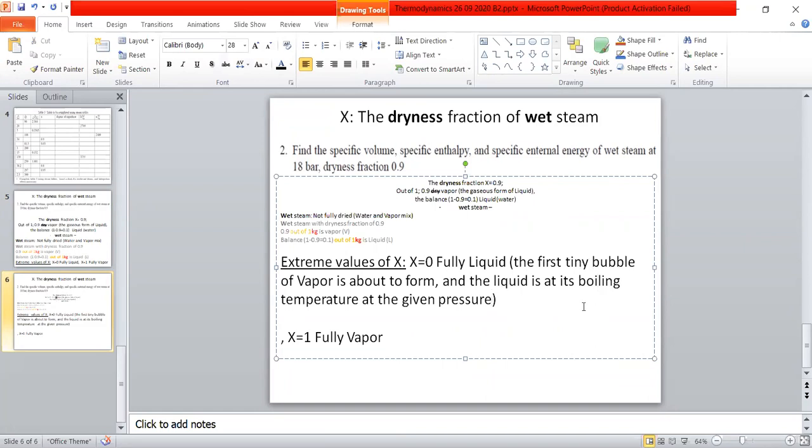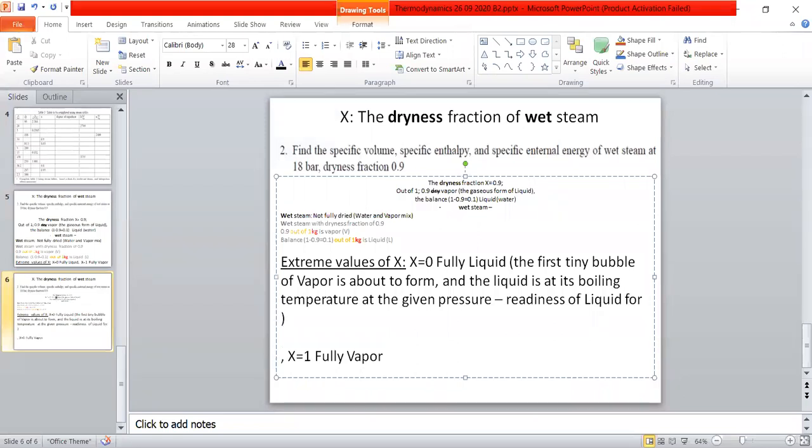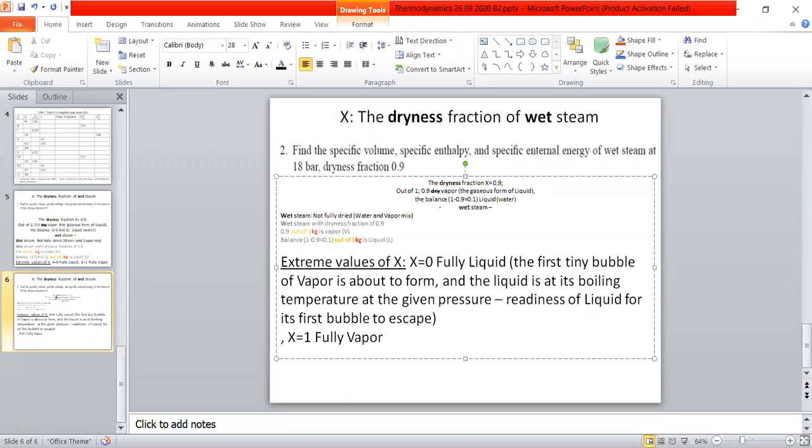So, in other words, this is the thermodynamic readiness of the liquid for its first bubble to escape. Okay, understand? Yes. So that's why it's at boiling temperature. So x equals 1, full vapor moves.